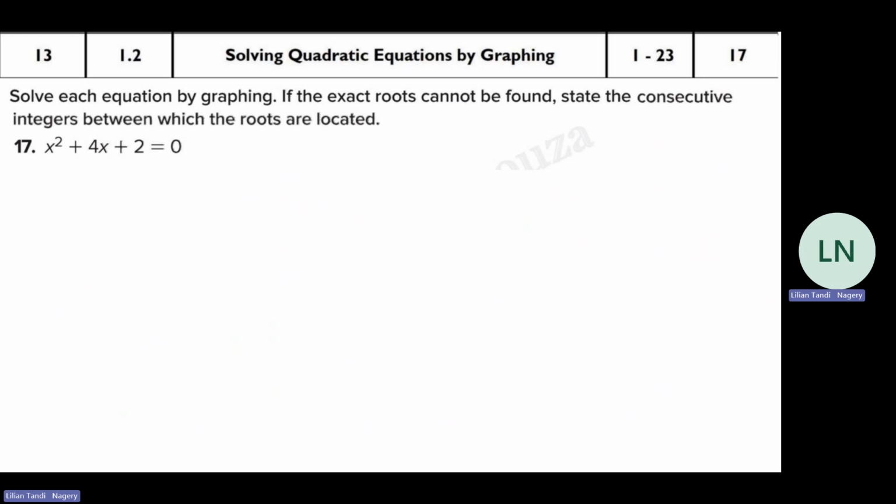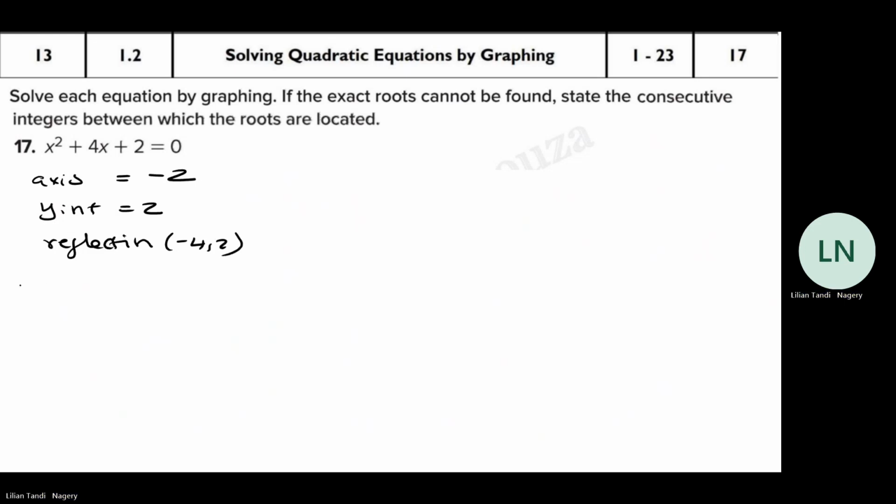So I repeated the same process. My axis here was -2. My y-intercept here was 2. My reflection was -4, 2. And my vertex was -2, -2.